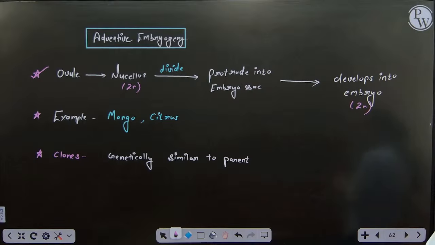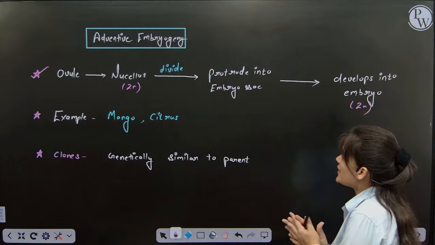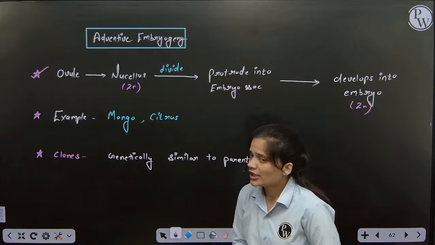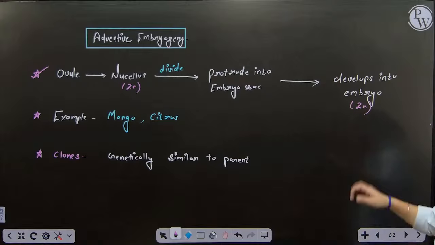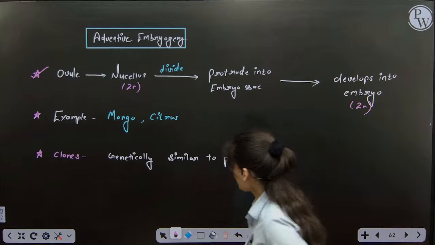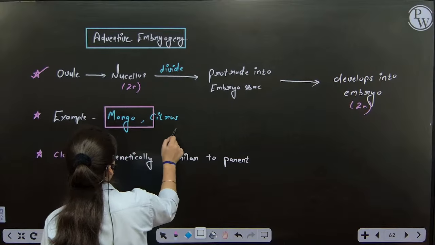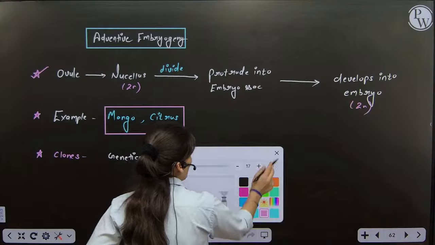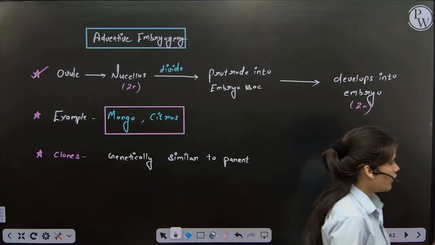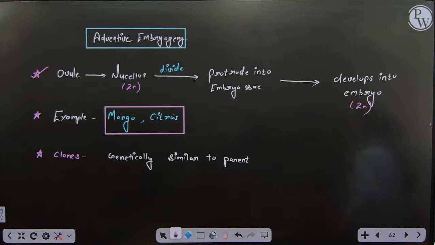When the nucellus, without any meiosis division, protrudes into the embryo sac by mitosis division. Examples of this are mango and citrus. Here more than one embryo is found. That condition is known as polyembryony.